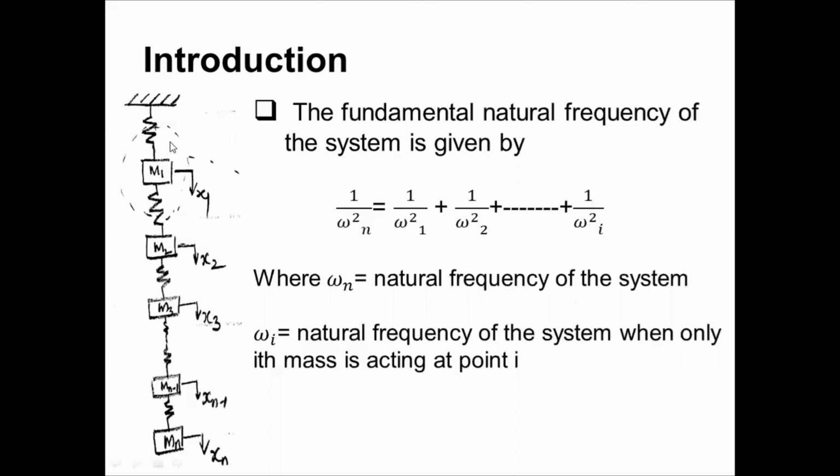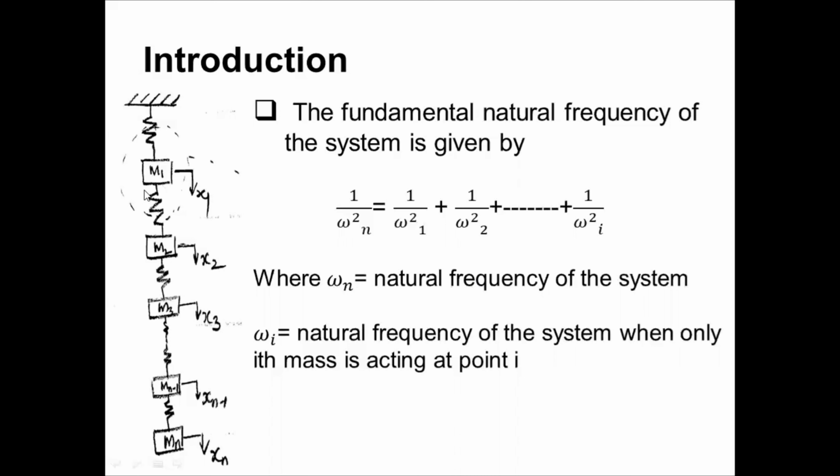Now, in this case, we are using an n degree of freedom system. Suppose this is a 2 degree of freedom system, then the formula would have been 1 by omega n square is equal to 1 by omega 1 square plus 1 by omega 2 square, where omega n is the fundamental natural frequency, or the lowest frequency of the system.